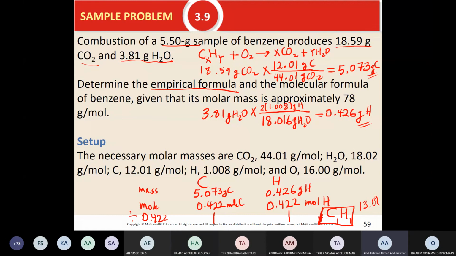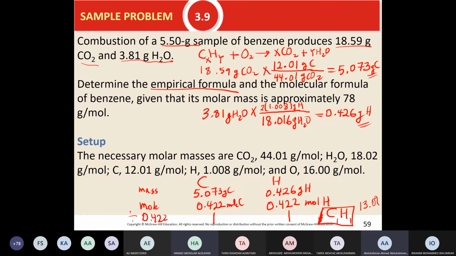In this case, we don't have O, so it's only C and H. If there is O, you put O. If there is N, then you put N. It depends on the question. You read the question. We will give an example in which there is oxygen after a while.